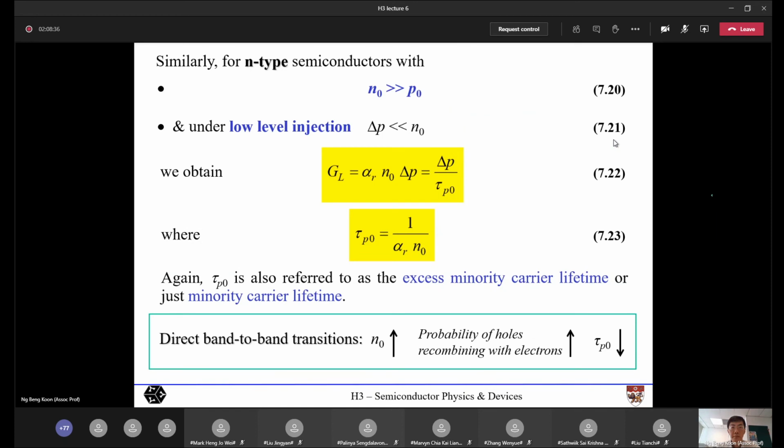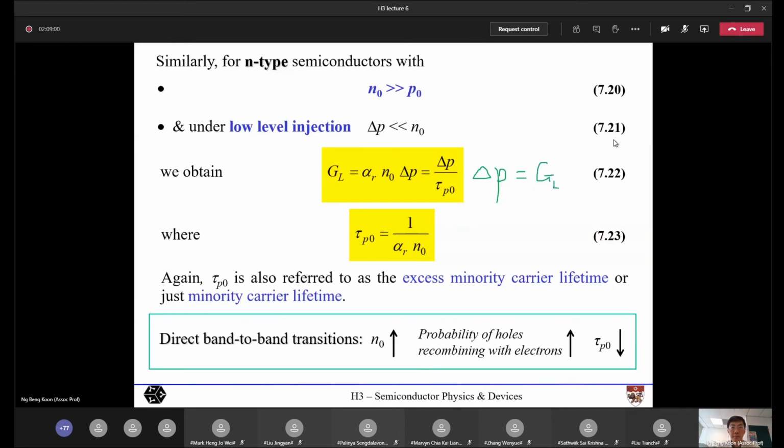Similarly, you can do the same analysis for N-type semiconductor. Using the same assumptions that we talked about, you can similarly derive the expression for delta P. From this expression, you find that delta P has the same form as the electron one.